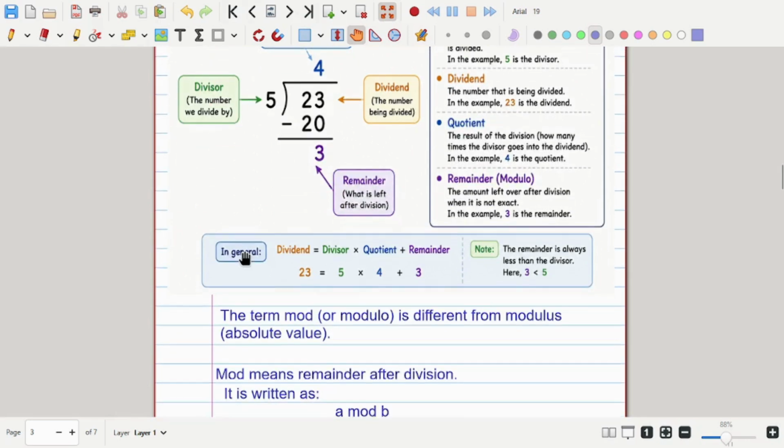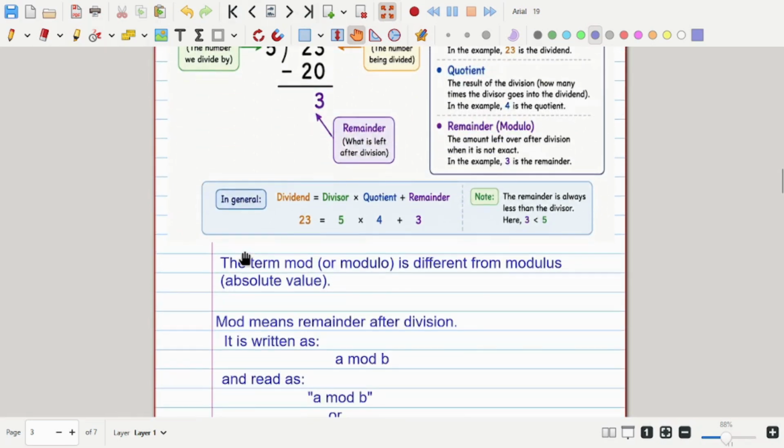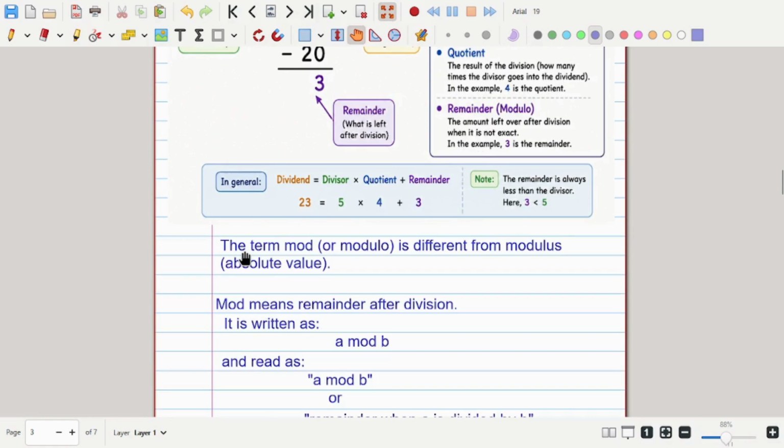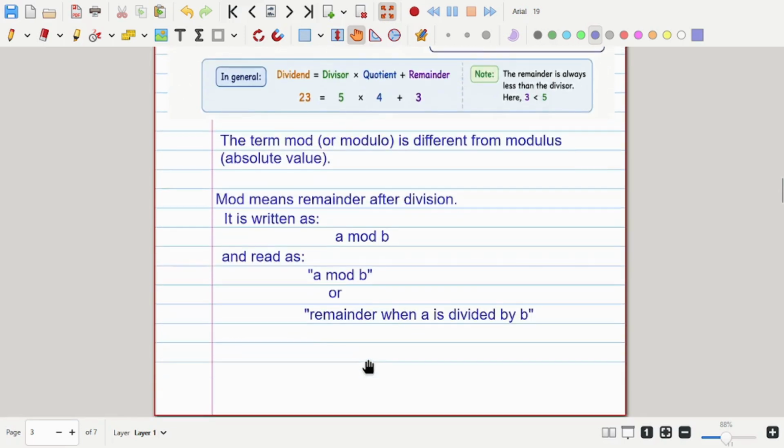The term mod or modulo is different from modulus. Modulus means absolute value. Mod means remainder after division. It is written as a mod b and read as a mod b, or the remainder when a is divided by b.